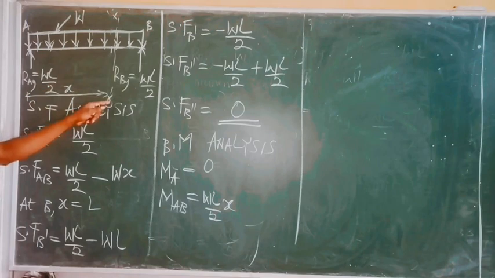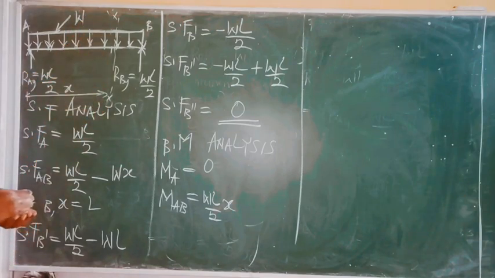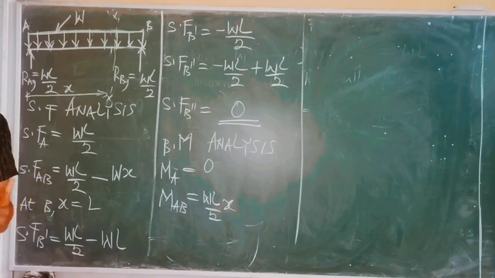Also, between A and the point of section, there's a UDL. So because of that, we also take the moment of the UDL load. Please take note: when doing bending moment analysis, consider upward forces to have positive bending moment, while downward forces have negative bending moment. It's the same thing as saying clockwise or anti-clockwise.